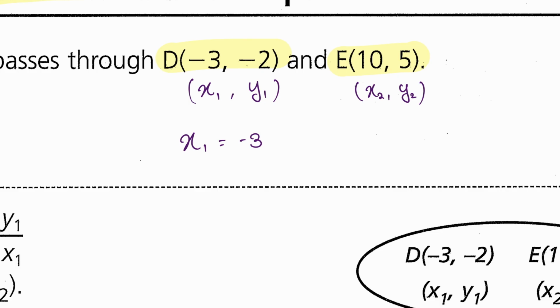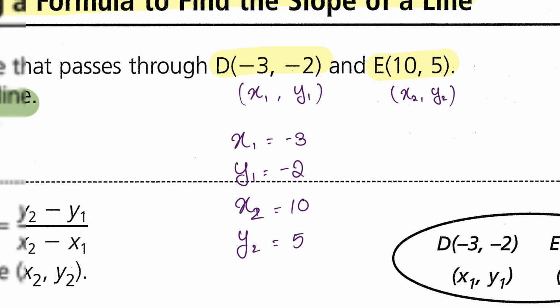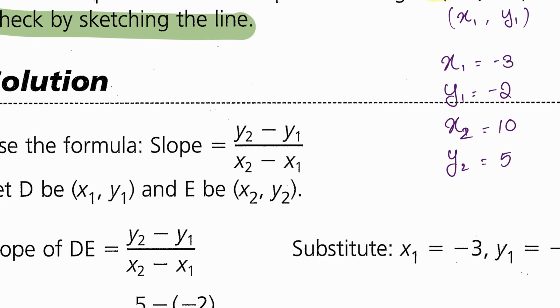Negative 3, y1 negative 2, x2 10, y2 5. Here we have a formula to calculate the slope of a line using coordinates. This is the formula. Slope equals y2 minus y1 over x2 minus x1.